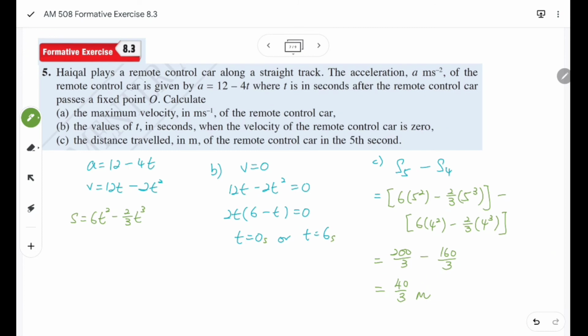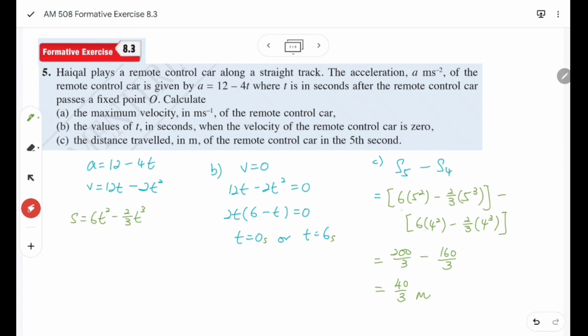C, distance traveled by the remote control car in the 5th second. So we want the distance traveled by the remote control car in the 5th second. So we use S5 minus S4.